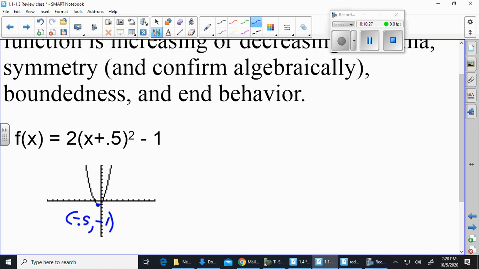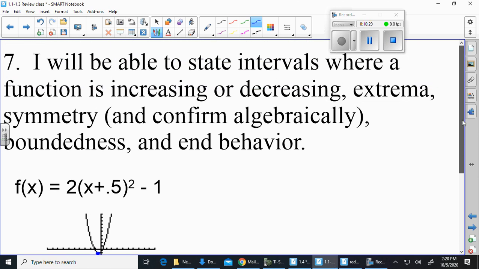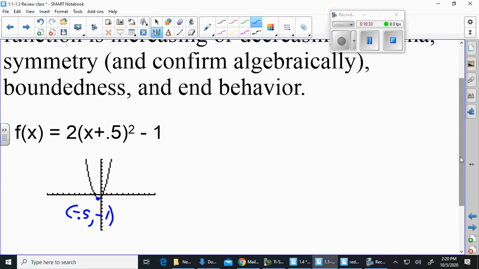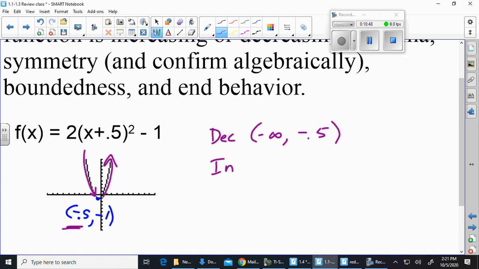So when I say, what are some things that I could ask? Where is it increasing? So I look left to right. It's decreasing from negative infinity to x equals negative 0.5. Then my graph is going up. So it's increasing from negative 0.5 to infinity.